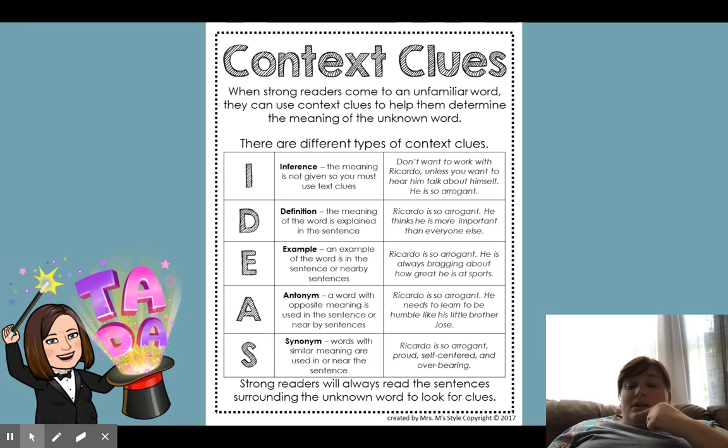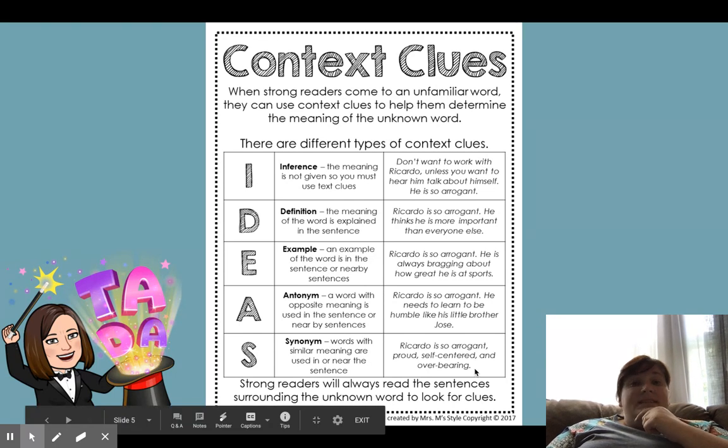So you can see by the commas that they've made a list of similar things that describe Ricardo. So arrogant is very similar in meaning to proud, self-centered, and overbearing. So we can probably guess that arrogant means one or all of these things.